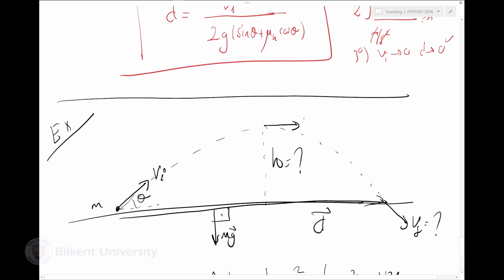That will be my d vector. mg dot d. mg is down. So what's the distance traveled opposite of mg? It's going to be exactly h. So it's going to be mg times h with a minus sign.